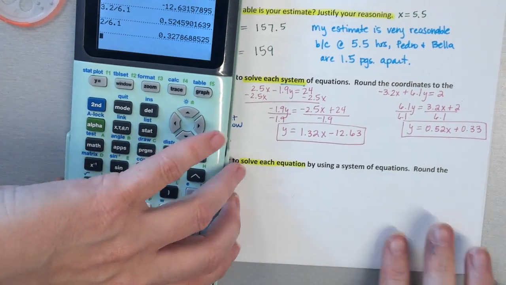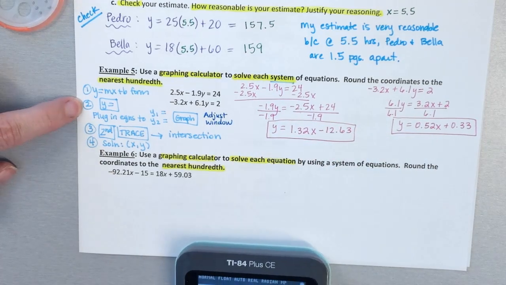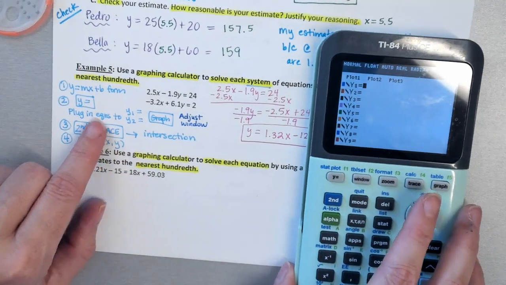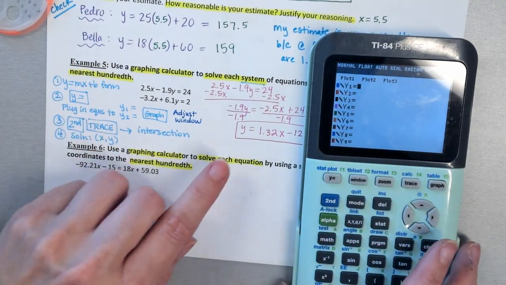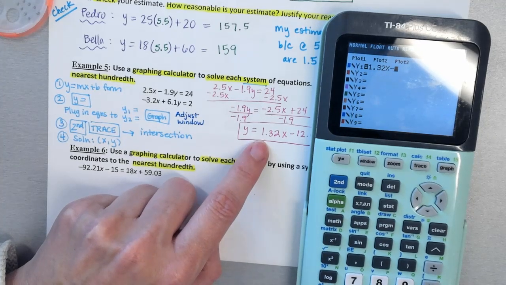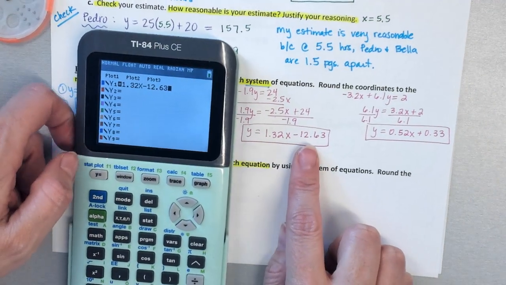Okay, so now we're going to follow these directions. We have it in the form, so now we're going to go to y equals. In your first y equals, you're going to put 1.32x minus 12.63. So you're putting in this exact equation.